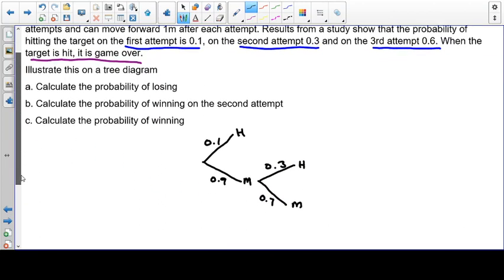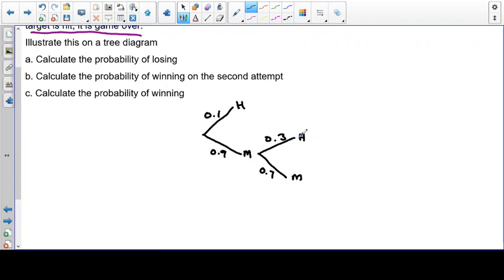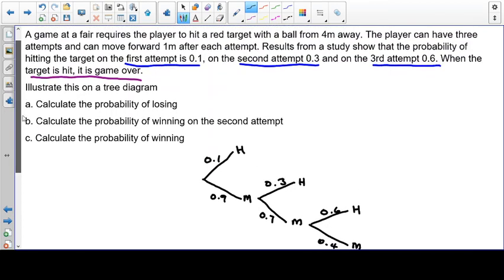And then the same again, if we hit the target on the second attempt, that's then game over. So no extra branches here. If we miss the target on the second attempt, then we can have another attempt, and that's 0.6, which means that's 0.4. If we hit the target here, it's game over. If we miss 3 times, game over, because we've got 3 goes.